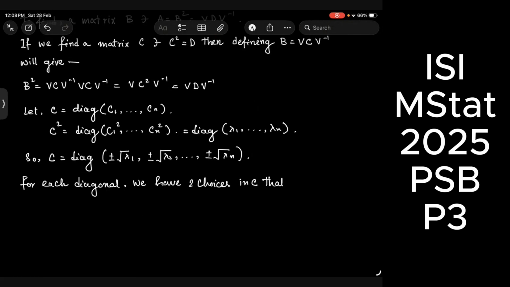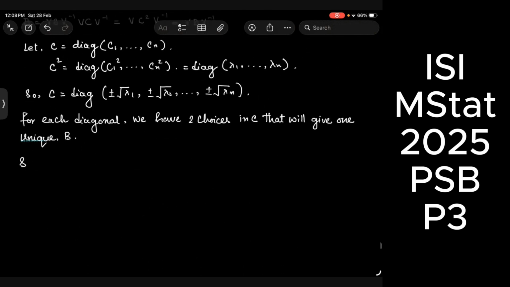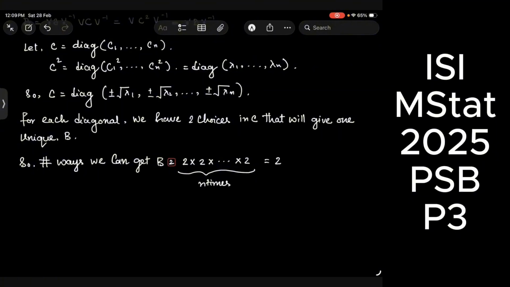That will give one unique B. So, the number of ways we can get B is B1, B2, B2 to the power n.